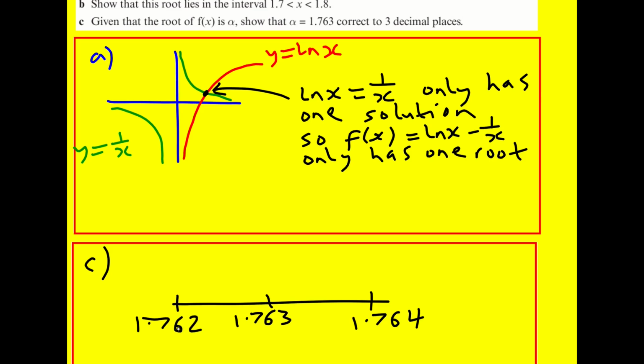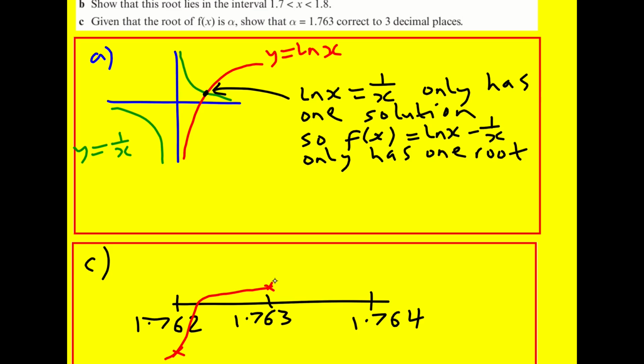Now it's not necessarily just because you might work out what 1.762 is and it's quite far away. That doesn't mean that actually the root's nearer, because maybe it comes up a bit like this and then goes like that.